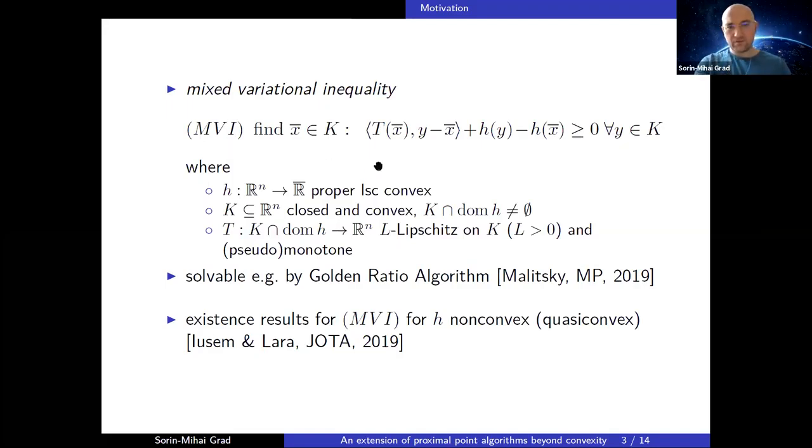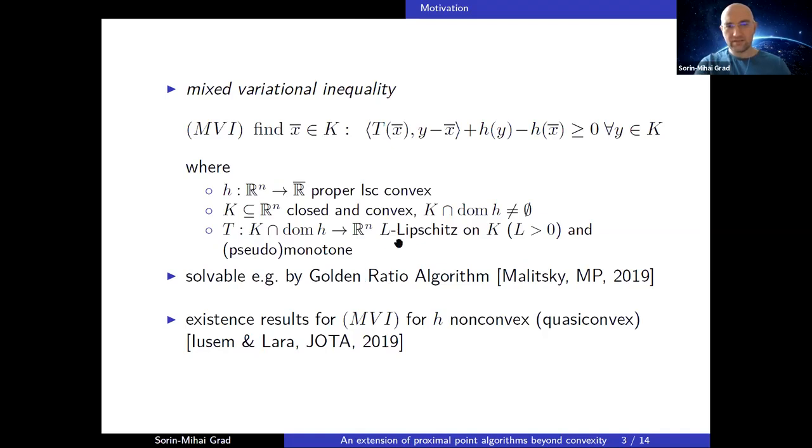Basically, when the involved function is proper convex LSC and the operator is monotone or pseudo-monotone, or even some weaker notion of monotonicity, then in the convex case, for instance, when this set is compact, it is surely solvable. And there are different algorithms for this. In the last 5 years, we found 3 or 4. For instance, Yura Malitsky's golden ratio algorithm.